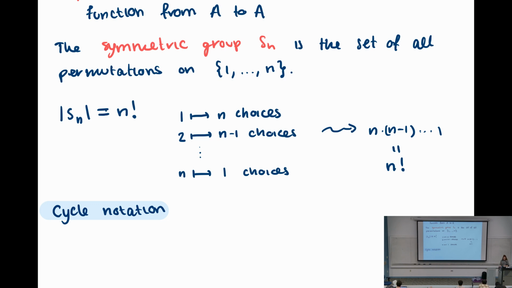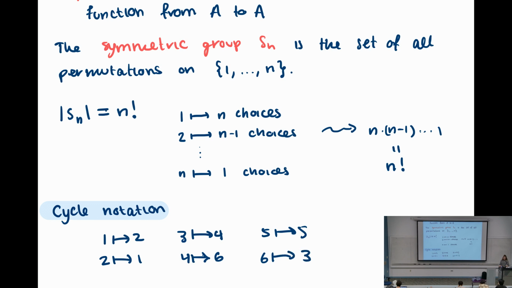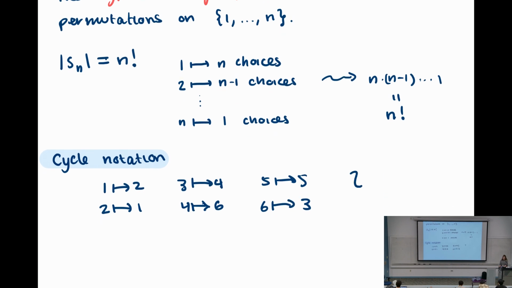For example, consider this permutation that sends 1 to 2, 2 to 1, and this is going to be a permutation on 6 things. 3 goes to 4, 4 goes to 6, 5 goes to 5, and then 6 goes to 3. Okay, so this is a permutation on 6 things.